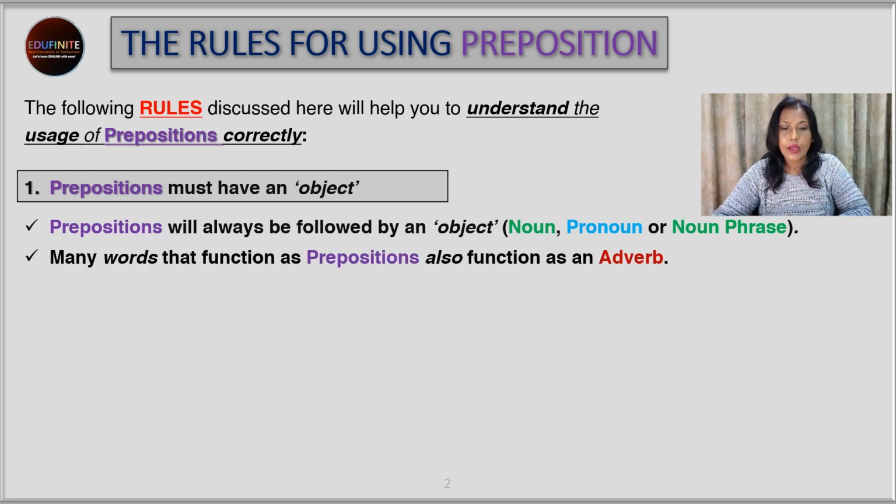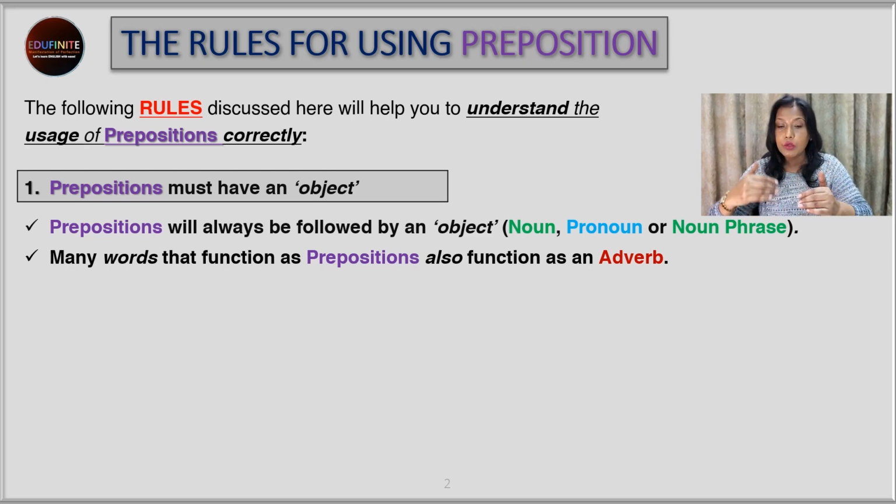Now here is why the object part of a preposition is important, because many words that function as prepositions also function as adverbs. So, to identify whether the word that we are using is a preposition or an adverb, it is very much essential to have an object with the preposition.